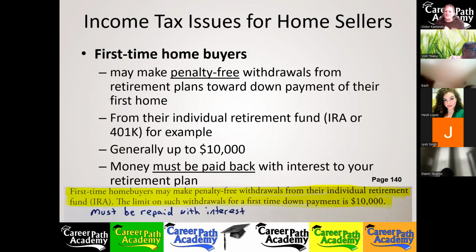First time homebuyers can get early withdrawals from their retirement plans of up to $10,000 that are penalty free if they use it for the down payment of their first home. But they do need to pay the money back to their retirement plan. When they need to pay it back and all those details, I have no idea. They need to discuss that with their tax professionals.